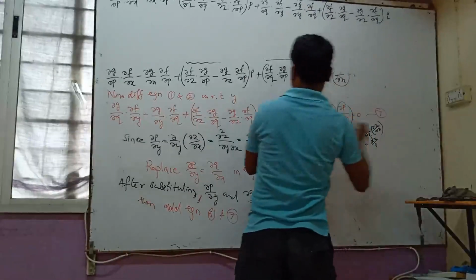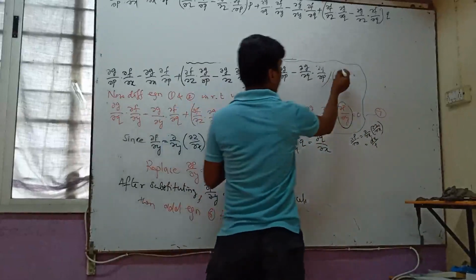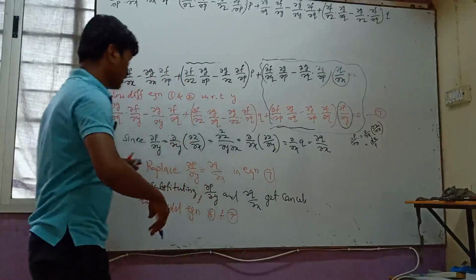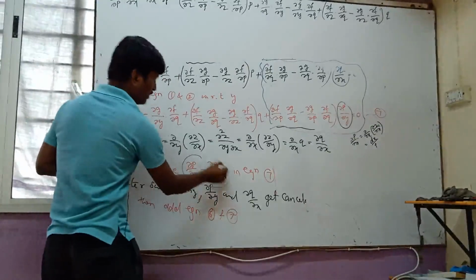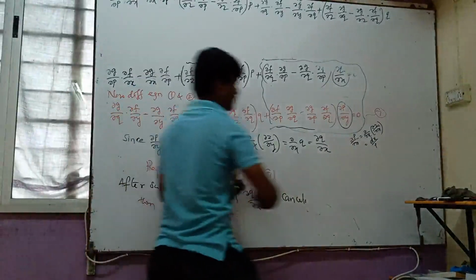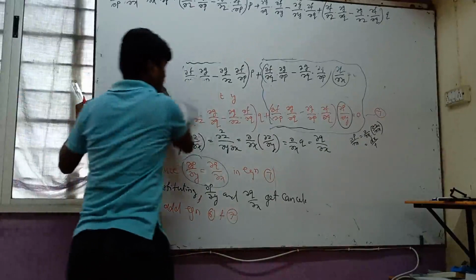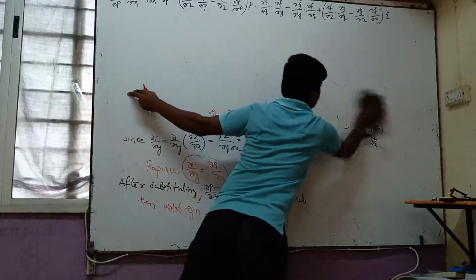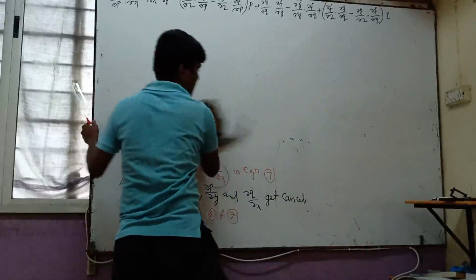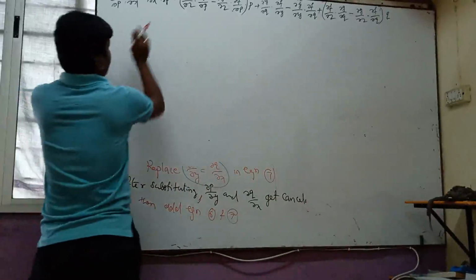So what happens here, these two terms get cancelled, because this carries ∂q/∂x and ∂p/∂y, both the terms get cancelled after substituting this term. So now finally come to the point here. After getting this equation, the very important thing you have to remember here, now see here.